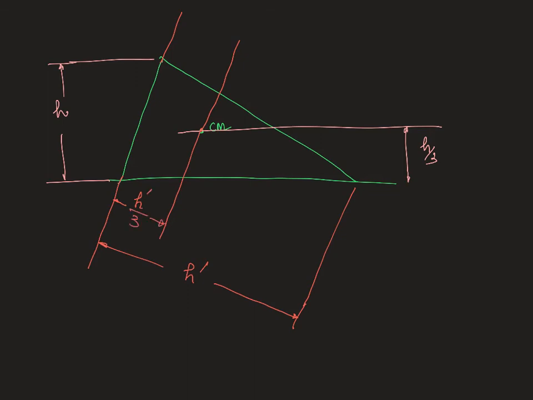Similarly for the other base, with h double dash, the height of the center of mass from this base also will be h double dash by 3.